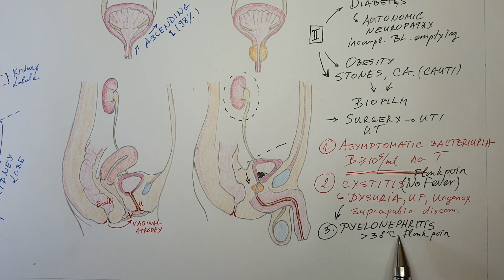If the pyelonephritis develops in a risk group, for example, in a diabetic patient, a diabetic patient can develop a special kind of disease that is called emphysematous pyelonephritis.